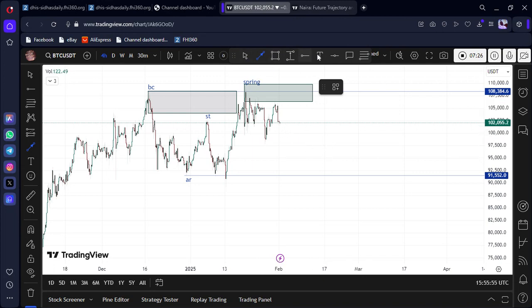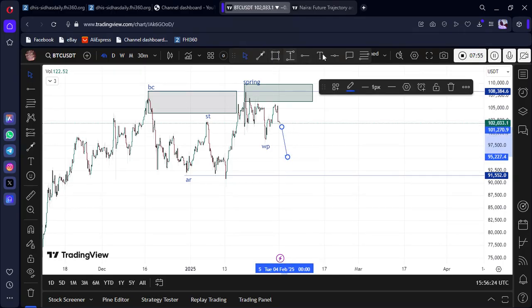I can also see another point here. This is the last point, your weak point, price trying to establish a lower low, lower high, lower low after the spring. So you're going to see something like lower low, lower high. Then you will have a low that will be below this very low, something like this.